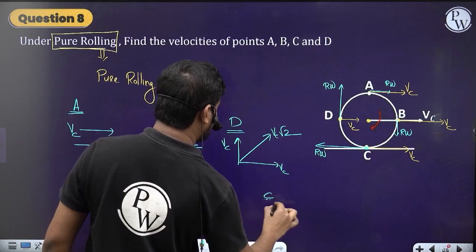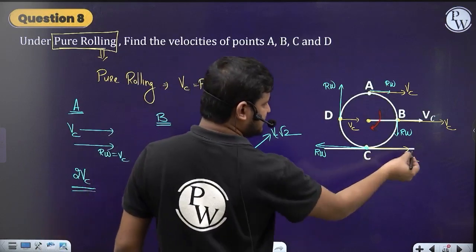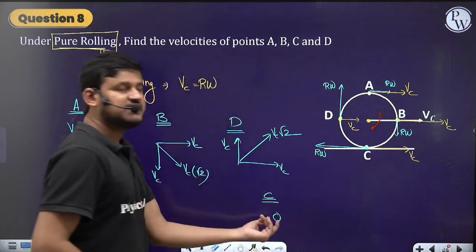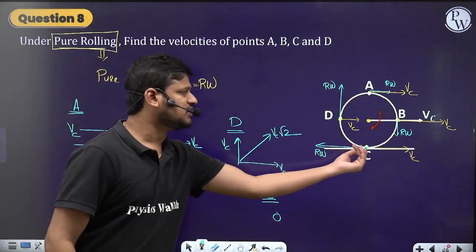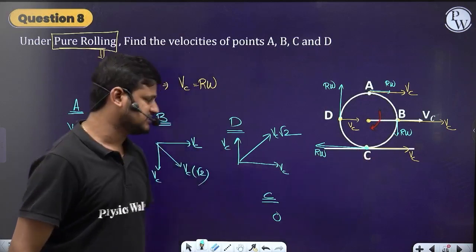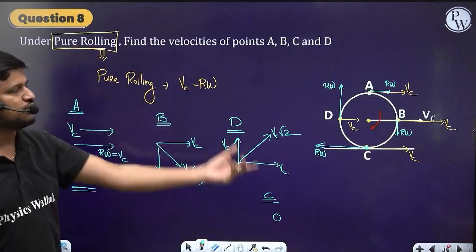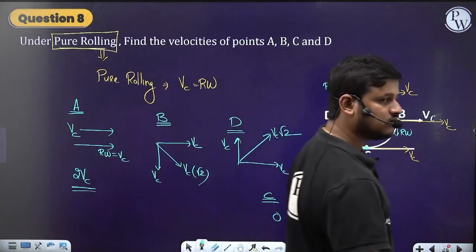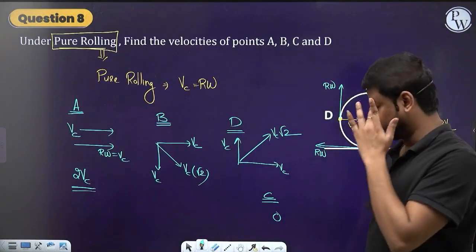Coming to the point C, Vc this side and r omega is equals to Vc, so at C it is 0 because the point of contact with the ground should be at rest with respect to the ground. That's why it's said to be pure rolling. Here the velocity will become 0. Done? Clear everyone? Chalo.